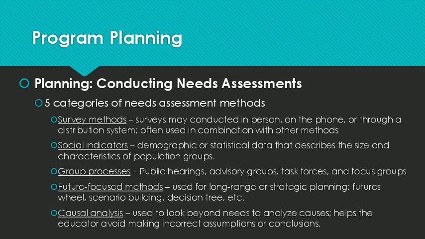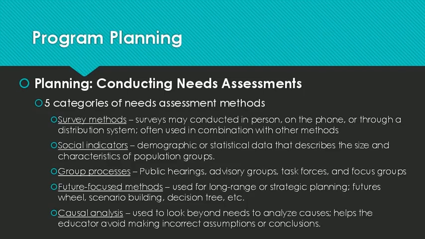Another type of needs assessment method is social indicators, and these are demographic or statistical data that describe the size and characteristics of population groups. So we can look at this demographic or statistical data for our county to try to get a quantitative measure of what some of the needs are within our county.